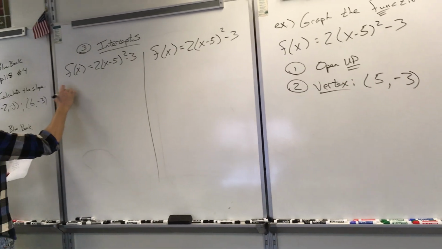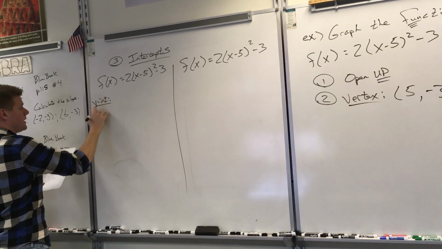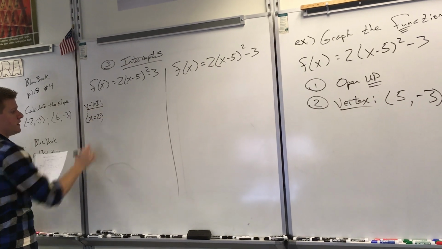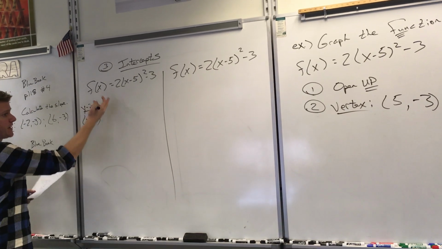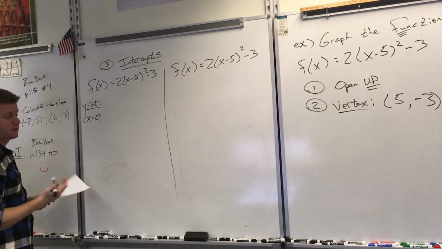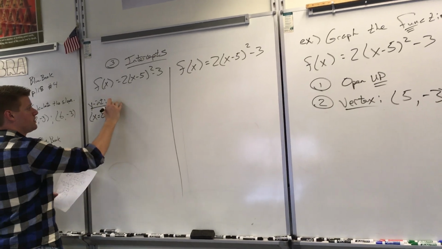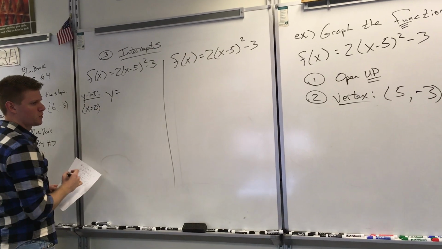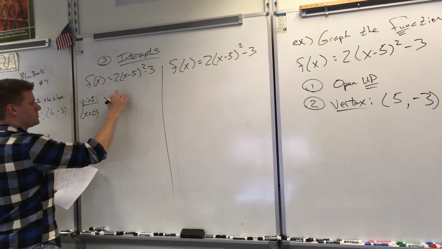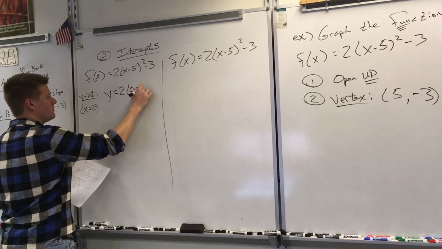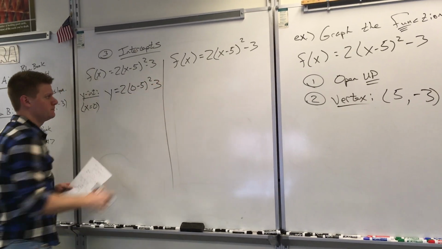The y-intercept, I'm going to fill in x as 0. Okay? F of x and y, of course, are synonymous, meaning the same thing as we've talked about in the past. So it doesn't matter which one I write. So I'm going to have y equals 2 times 0 minus 5 squared minus 3.